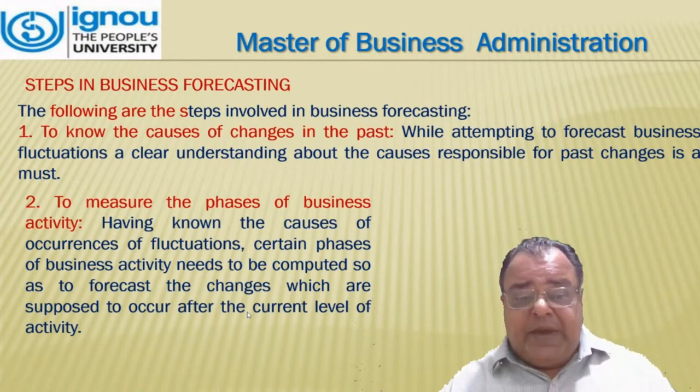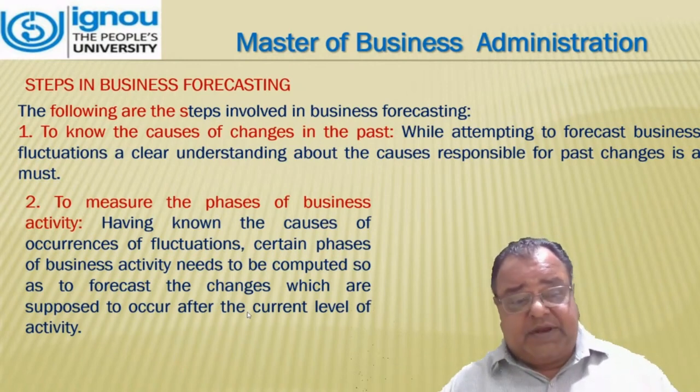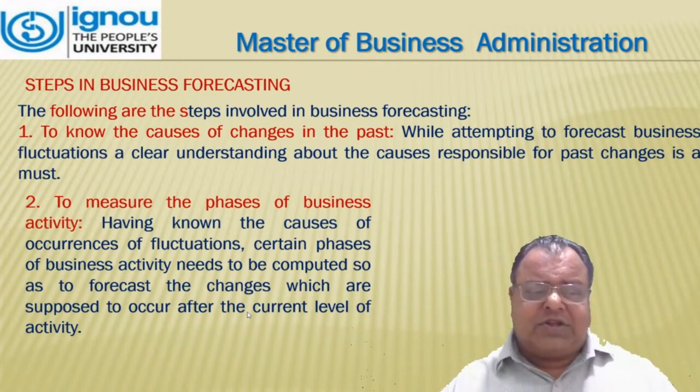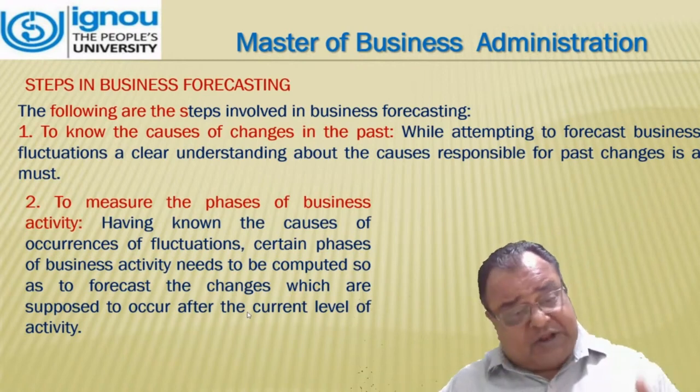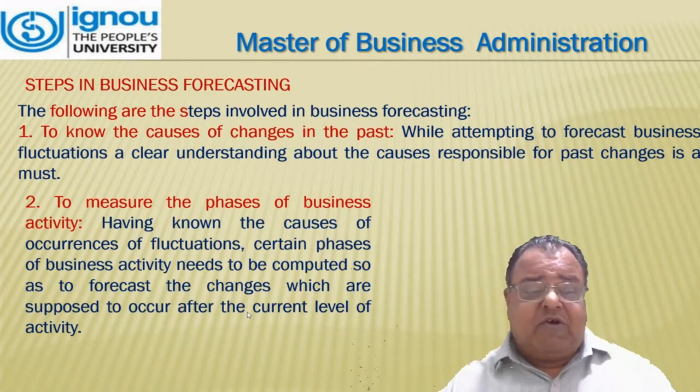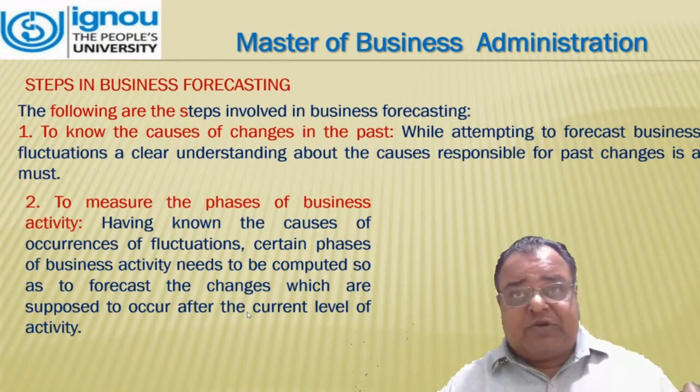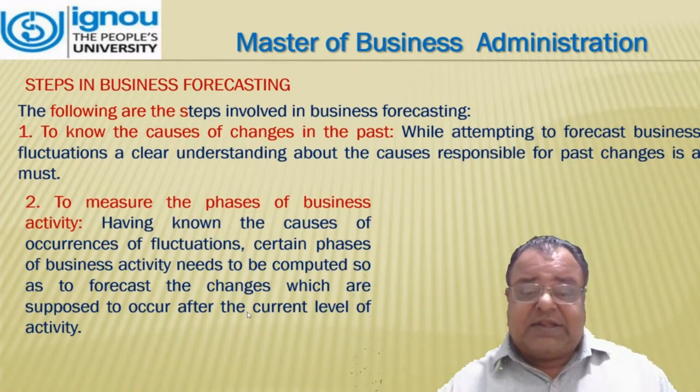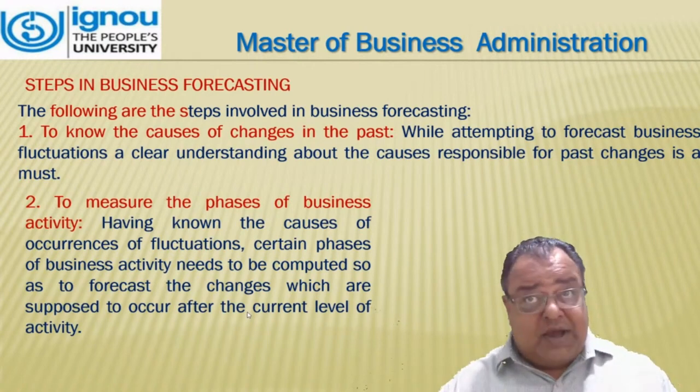Secondly, to measure the phases of business activity. Having known the cause of occurrence or fluctuation, certain phases of business activity need to be computed so as to forecast the changes which are supposed to occur after the current level of activity.